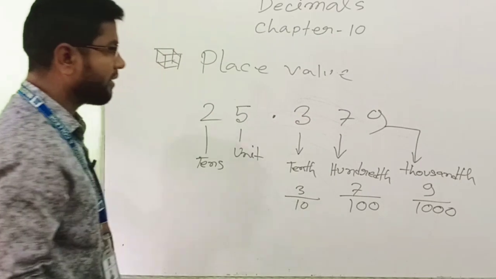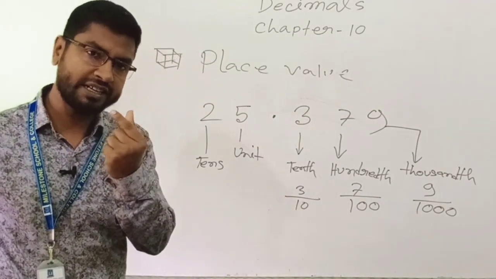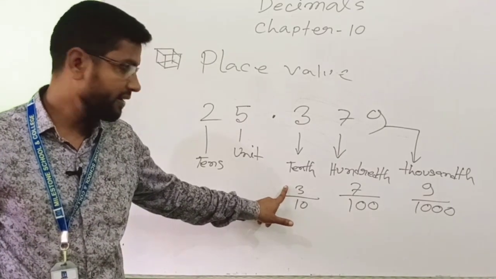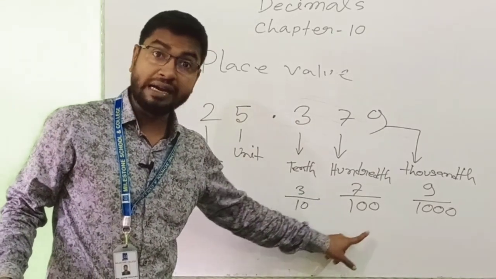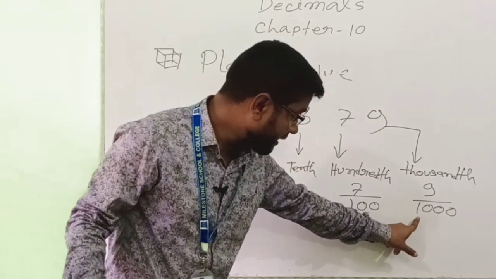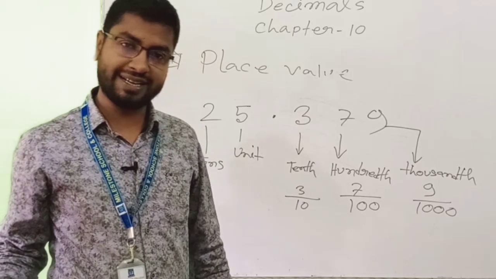We have already learned its meaning. The whole number divided into 10 parts, 3 parts are taken. One number divided into 100 parts, 7 parts are taken. One number divided into 1000 parts, 9 parts are taken.